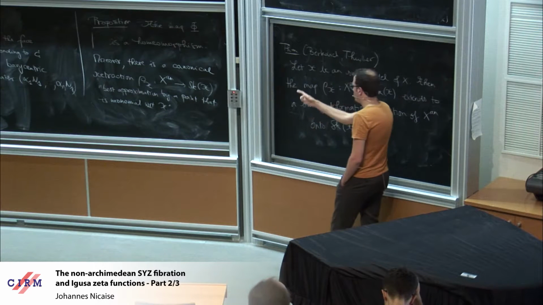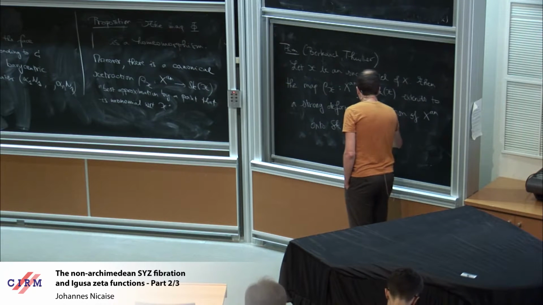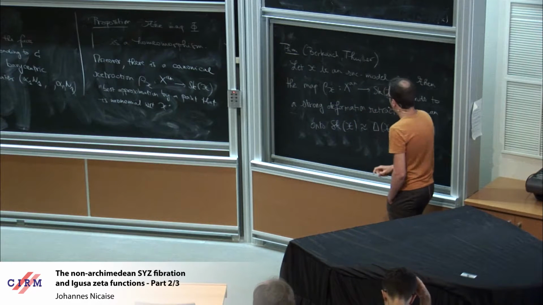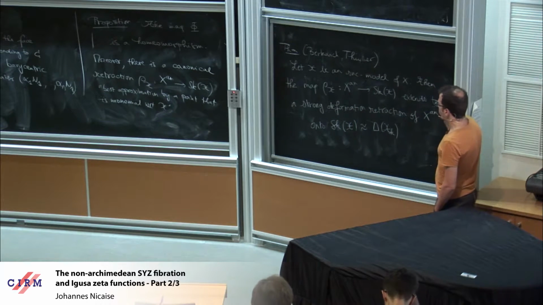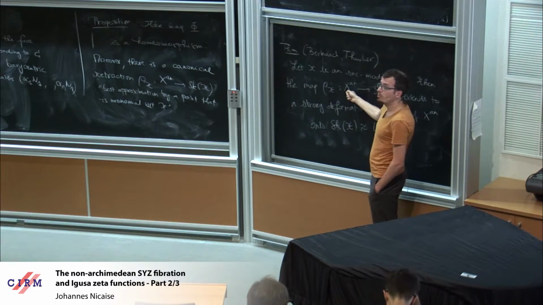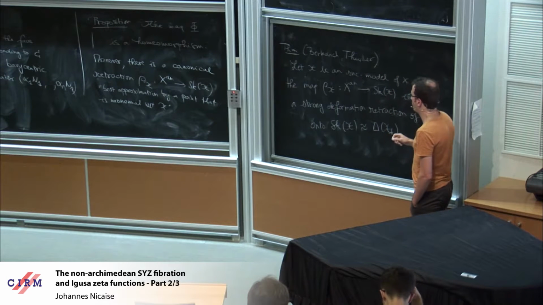And again, we've just argued that the skeleton is homeomorphic to the dual intersection complex of the special fiber. So this tells you that if you understand the geometry of one strict normal crossings model, then you completely understand the homotopy type of the Berkovich analytification Xn.